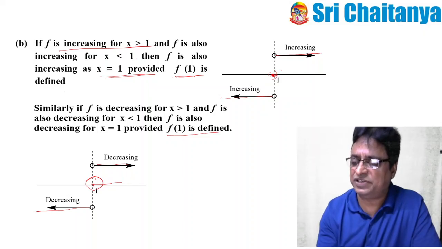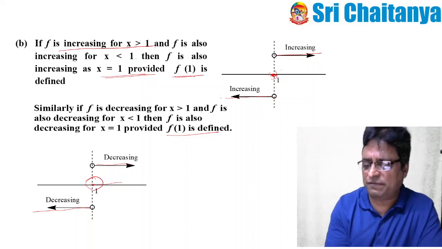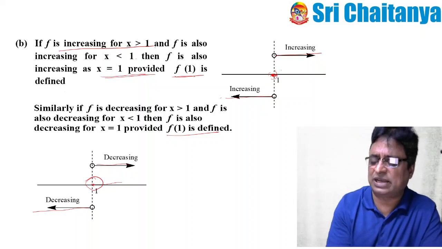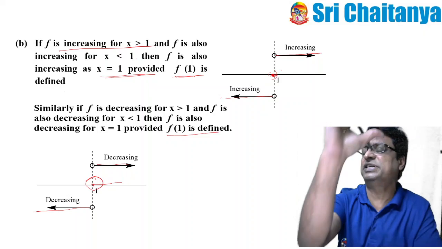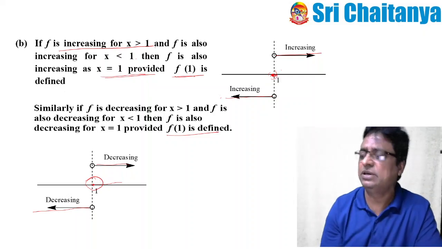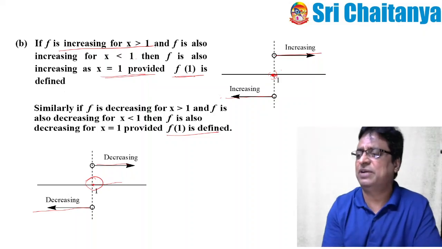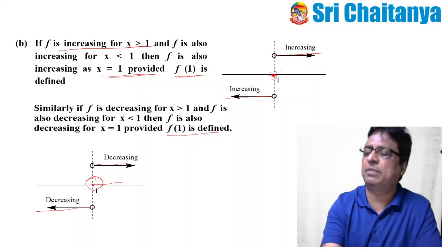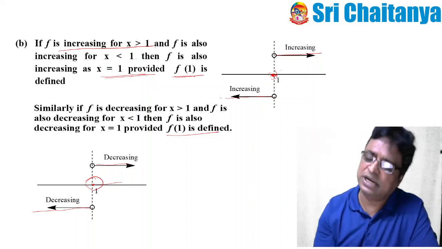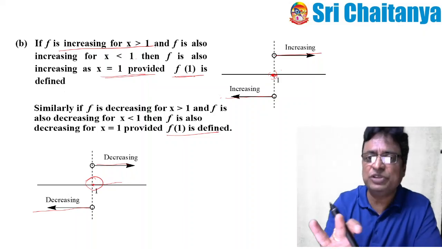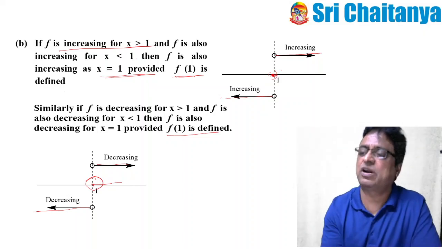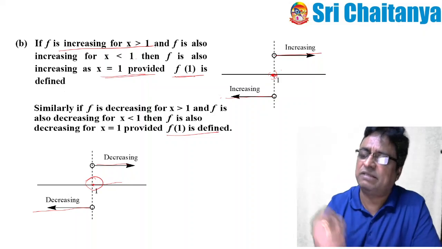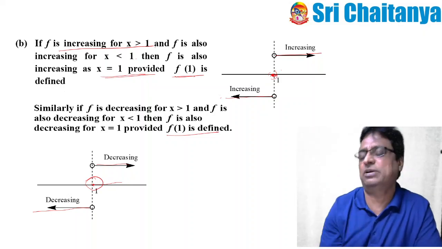If it is greater than 0, or you take values of x less than that point and it is also greater than 0, and moreover the function is defined, immediately you can say that your function is increasing at that point. If it is less than 0 and defined at that point, simply you can say your function is decreasing at that point. So with the help of these two geometrical aspects, you can get confidence on how to decide whether the function is increasing or decreasing at a particular point.